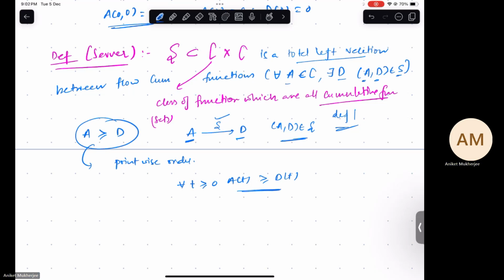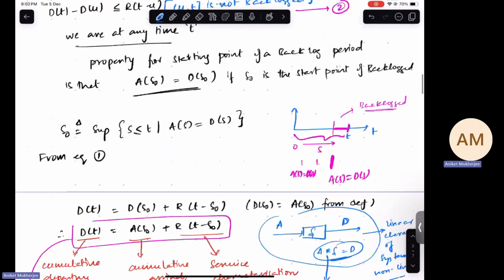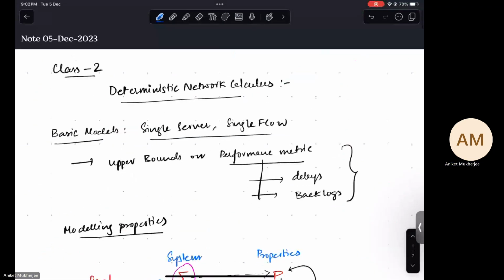Right? So this is basically the definition of a server. We'll come back to it tomorrow in the next class. But yeah, that was today's class where we discussed some basic knowledge on single server and single flow stuff. I'll stop the recording. Thank you.